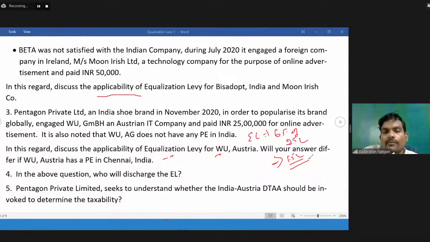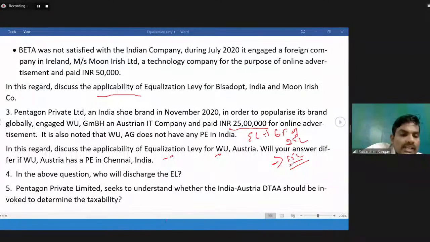The rate, remember, for online advertisement is 6%. I repeat, you may have a multiple choice question. It is 6% on the consideration paid. The consideration paid is 25 lakhs. So 6% of 25 lakhs is 1.5 lakhs.